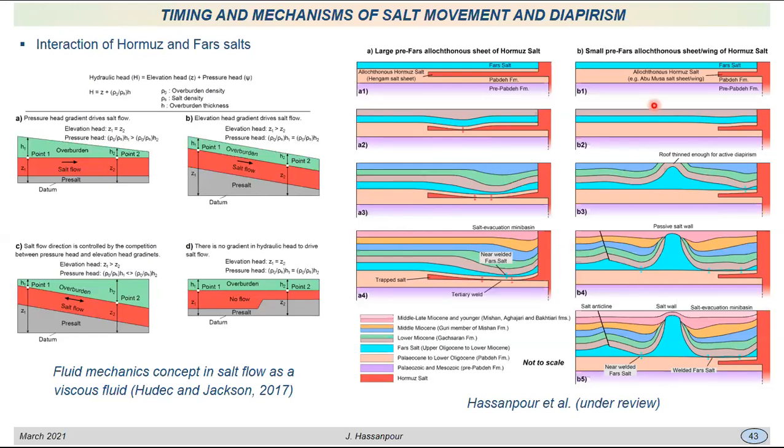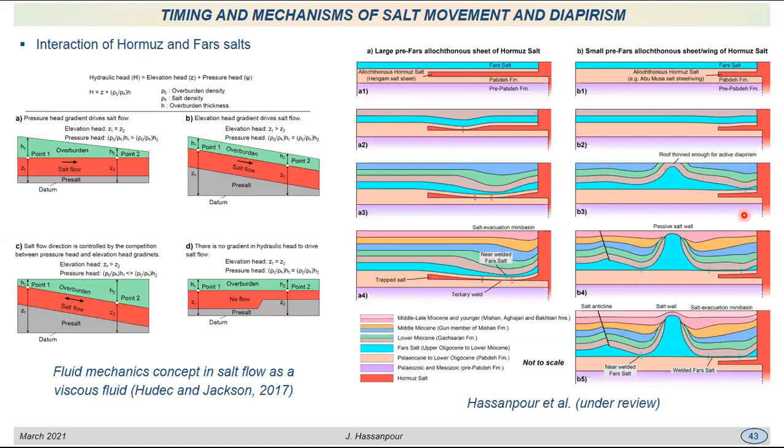And in the second scenario, where the salt sheet is small and possibly thinner, this smaller extent of the salt sheet didn't allow an efficient evacuation, but probably its slight evacuation was enough to change the geometry of the Fars Salt and impose a pressure head and elevation head on top of the Fars Salt.